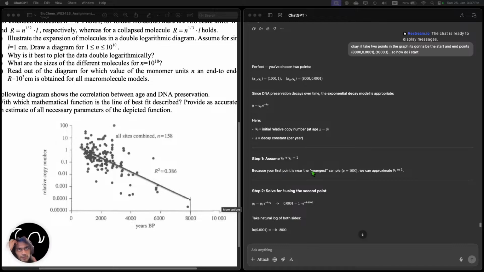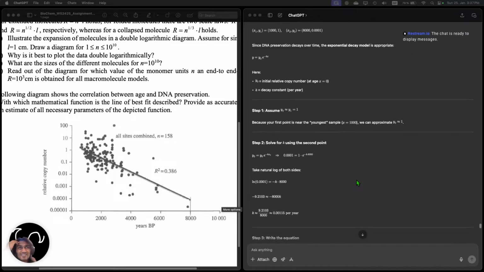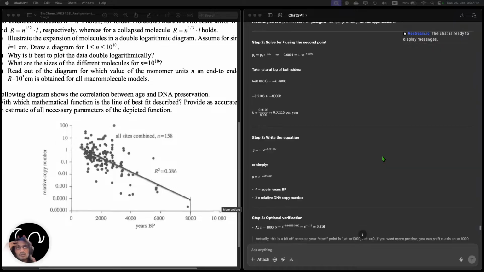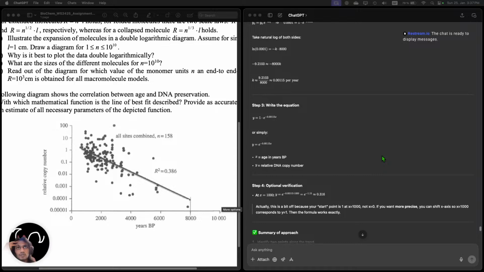I don't know if that approximation is good. Solve for k using the second point. Take the natural log of both sides. K equals... Optional verification.